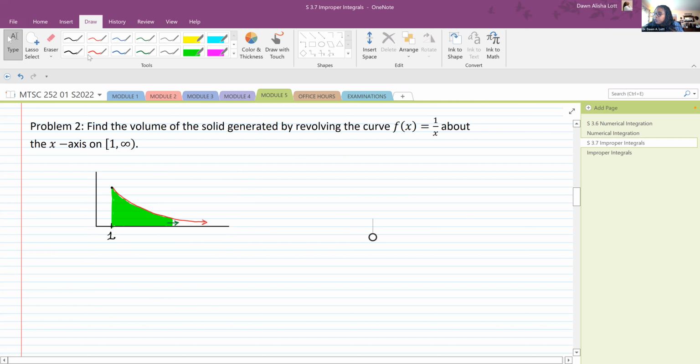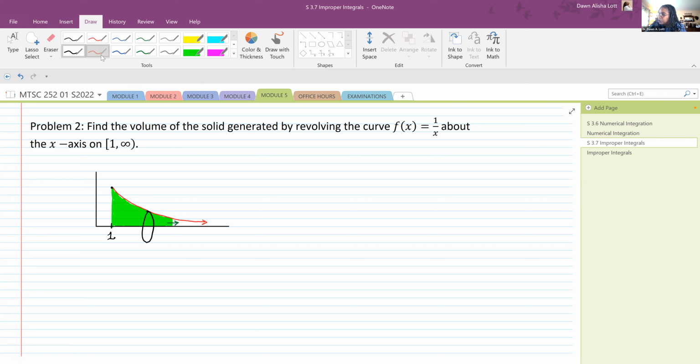When we revolve it about the x-axis, if you remember, we choose a point and revolve it. So we're going to end up with something that looks like this.